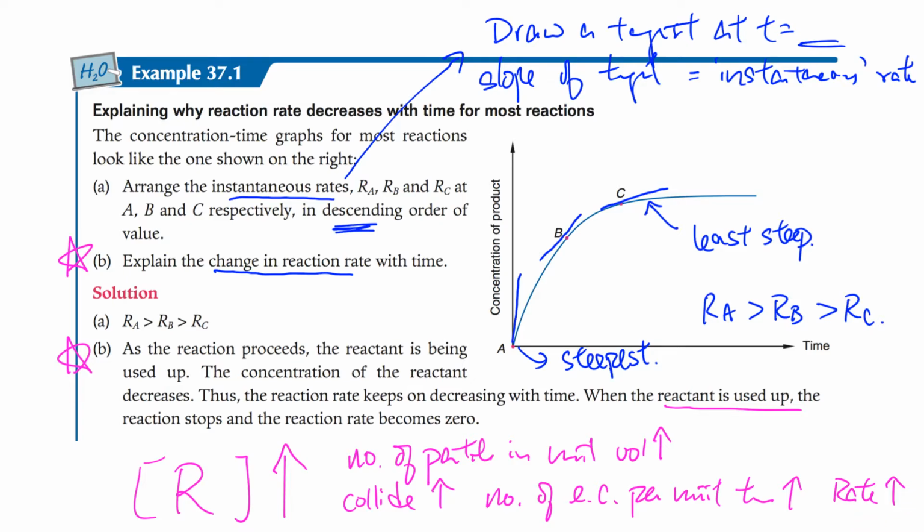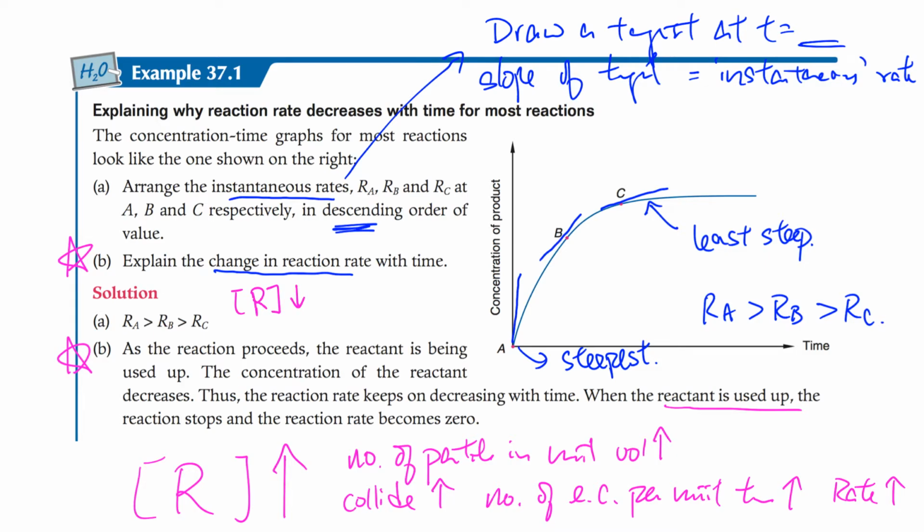Of course, if we have to answer all these things, that will be a very lengthy paragraph. So right now, we just focus on the question: explain the change in reaction rate with time. Why will the reaction rate change? Because the concentration of the reactant changes. How does it change?